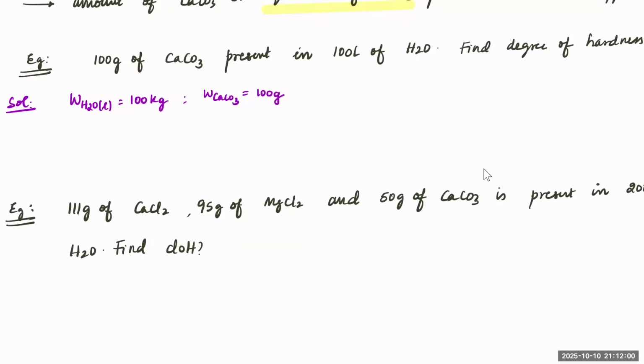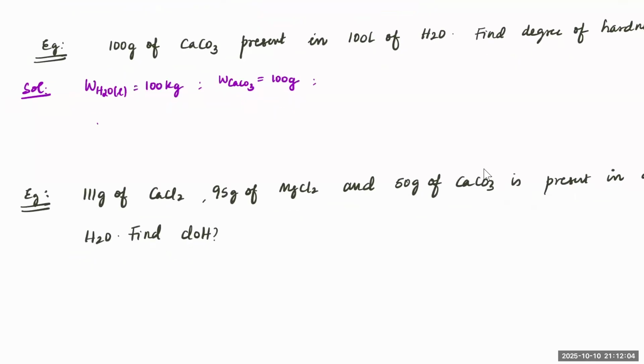So what will be the degree of hardness? Degree of hardness is defined as the weight of calcium carbonate present in the given weight of H2O, multiplied by 10 raised to power 6. That 6 represents that you are doing this in parts per million.